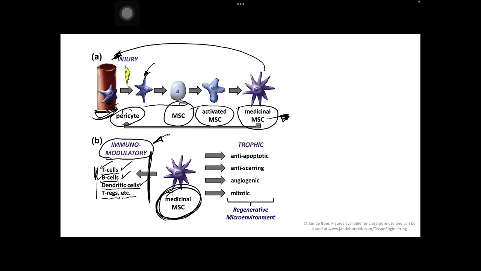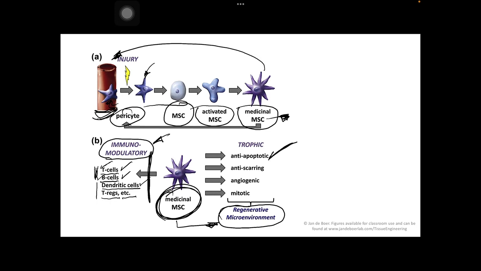But not only that, that same medicinal stem cell can also become a regenerative cell that will understand what the regenerative microenvironment within the bone is, to keep cells alive.